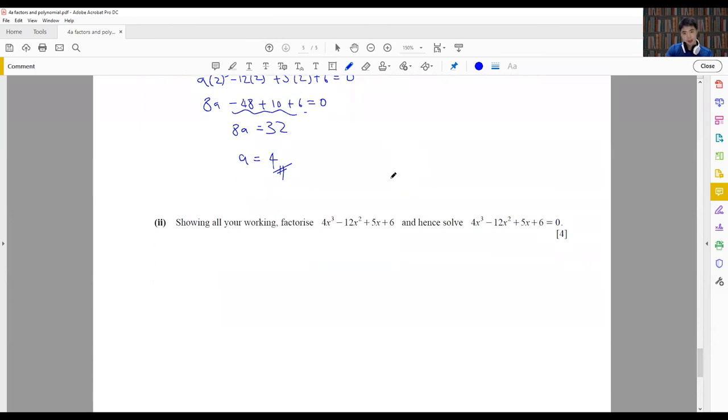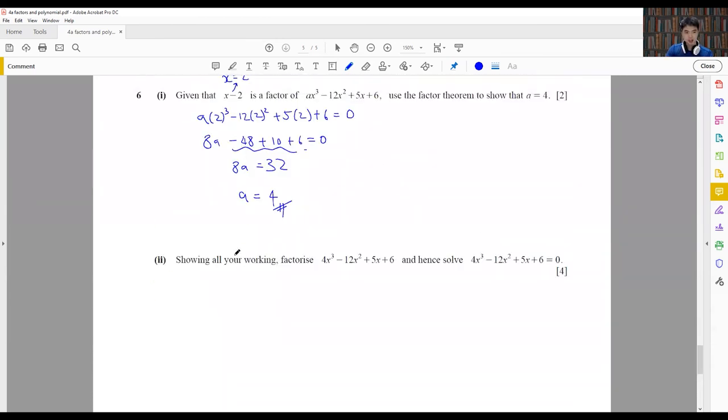All right. Now, lastly, looking at this last question here, showing all your working, factorize 4x cubed minus 12x squared plus 5x plus 6, and hence solve this equation here. First of all, we know that this cubic equation can be factorized by x minus 2. We're going to use the long division method and divide that first.